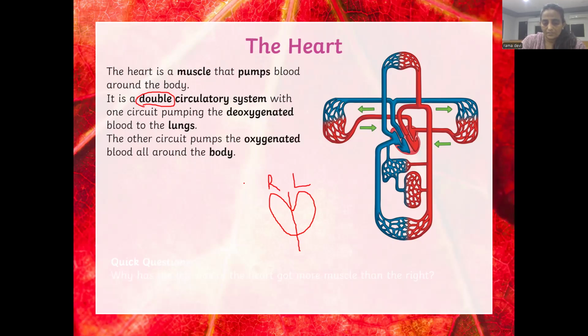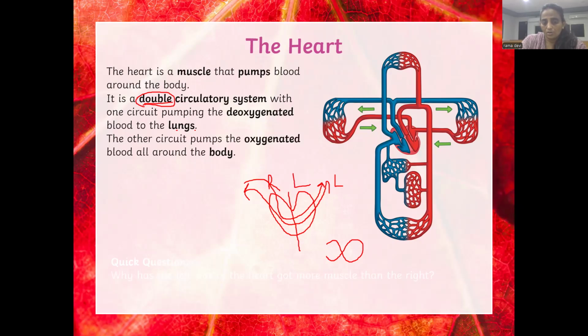So it takes the deoxygenated blood from all body parts and sends it to the lungs, and the lungs oxygenate it, and again the oxygenated blood moves from the lungs to the left part of the heart, and from there it moves to all body parts. So you can see here, blood is passing through the heart twice. So we call this the double circulatory system.